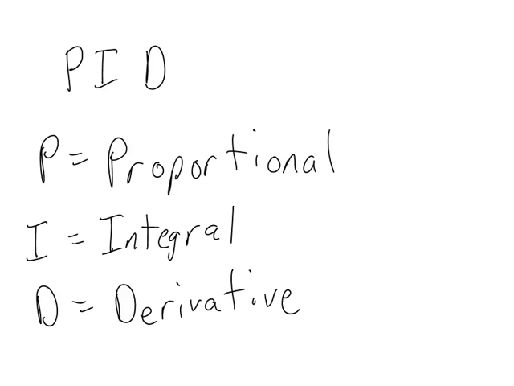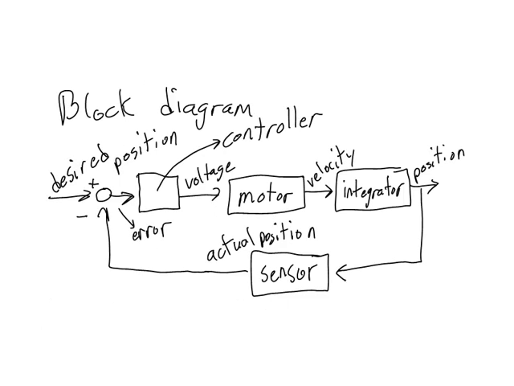In PID control, the P stands for proportional, the I for integral, and the D stands for derivative. These three terms refer to what we do to the error in order to calculate the voltage.